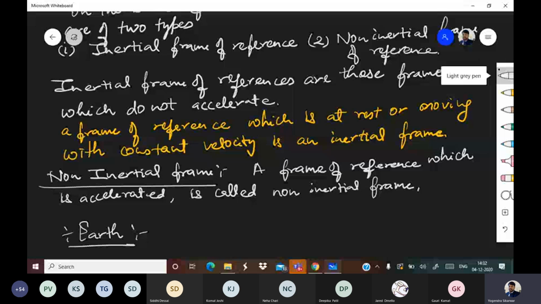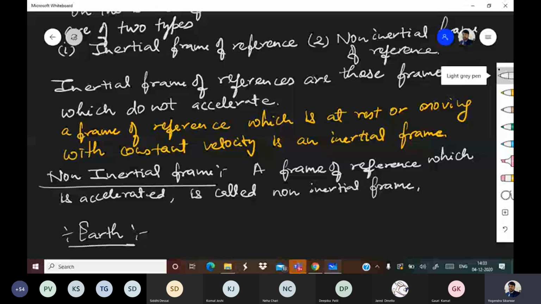Everyone please pay attention. As per the definition of frame of reference, Earth is non-inertial. Listen very carefully. As per definition, it is non-inertial, but for all practical purposes, we consider it as inertial.